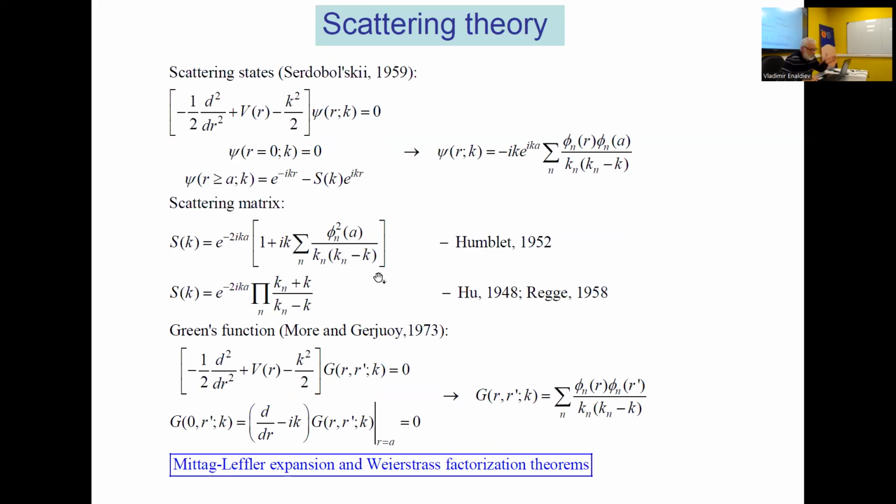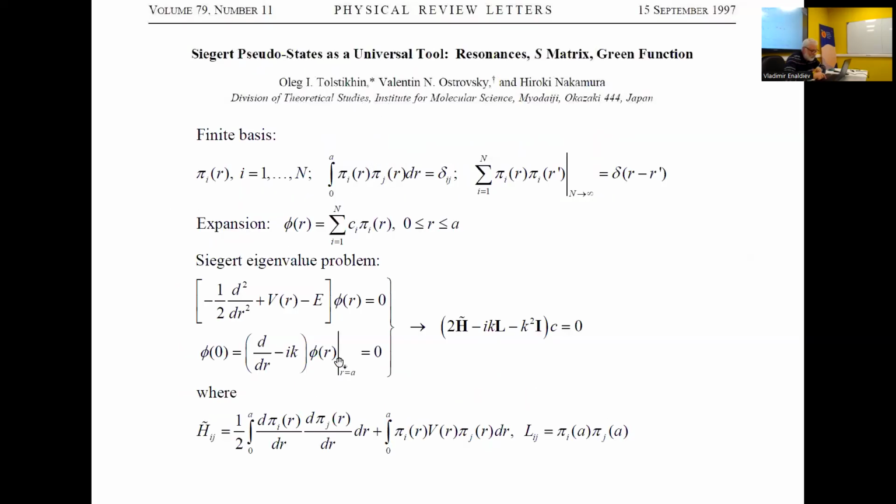The question was how to implement them. Now I know how to implement them, and they all follow from this formulation using just two properties of these two matrices: this is rank 1 and this is symmetric. That's it. All these equations for scattering, formulas for the scattering matrix and Green function are derived. Thank you.